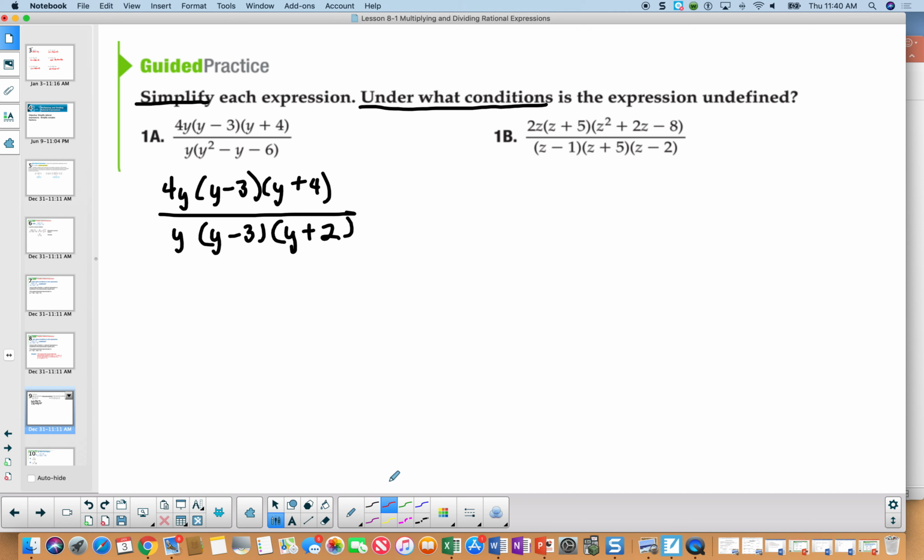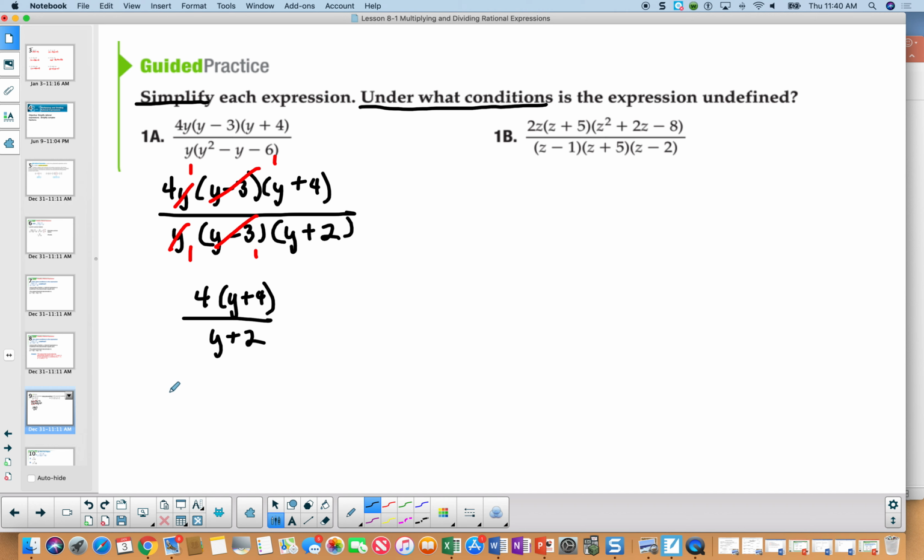And when I see this, I can see that I can do some reducing, and then with this factor as well. So my answer is going to be 4 multiplied by the factor y plus 4 all over y plus 2.